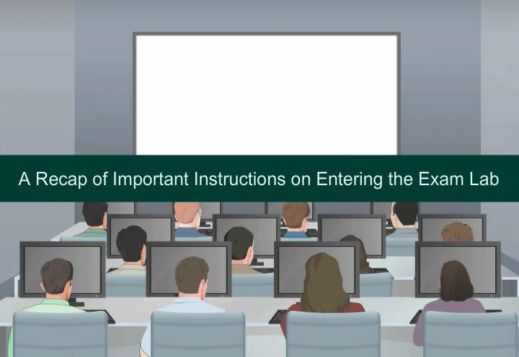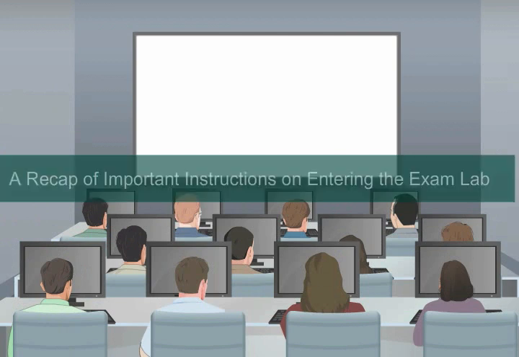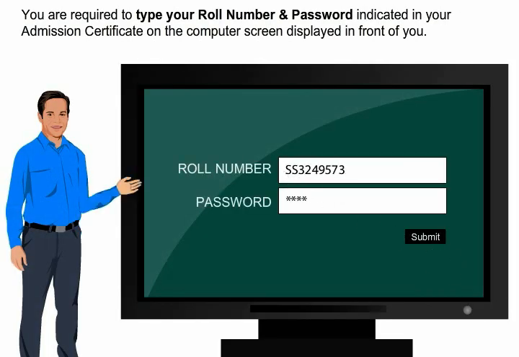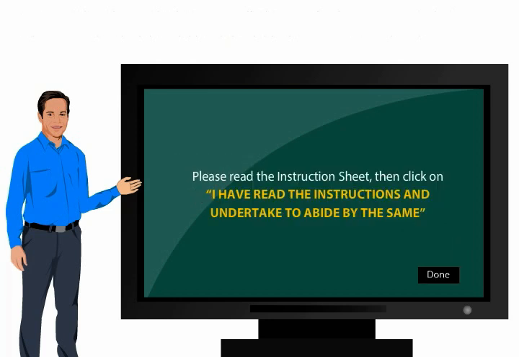A recap of important instructions on entering the exam lab. You are required to type your roll number and password indicated in your admission certificate on the computer screen displayed in front of you. Please read the instruction sheet, then click on I have read the instructions and undertake to abide by the same.